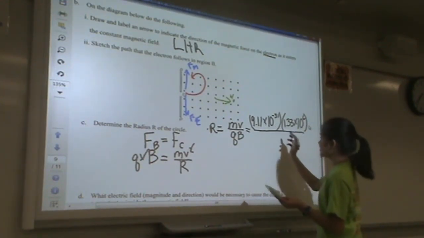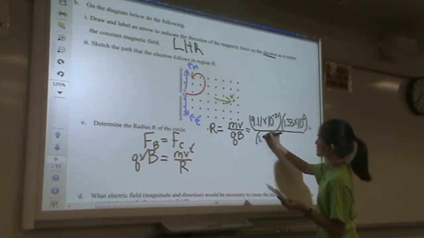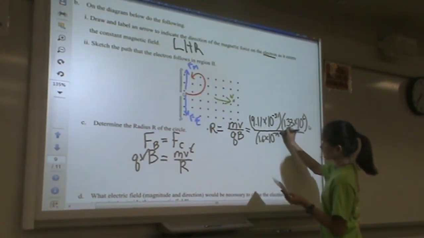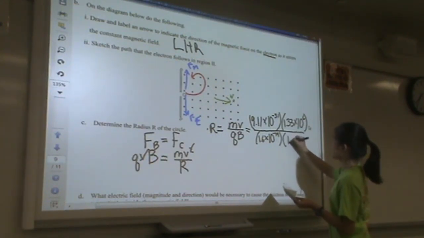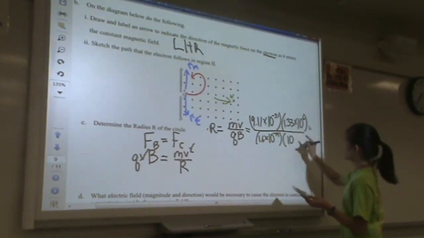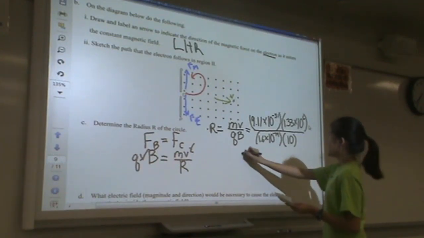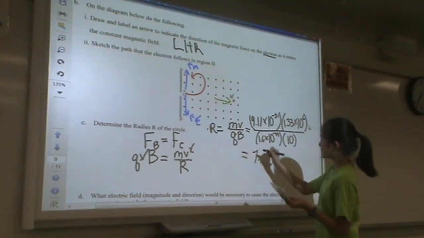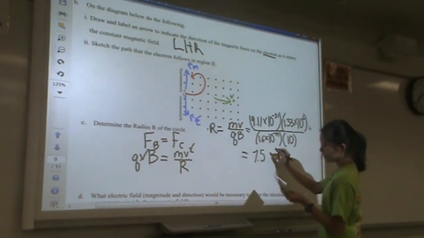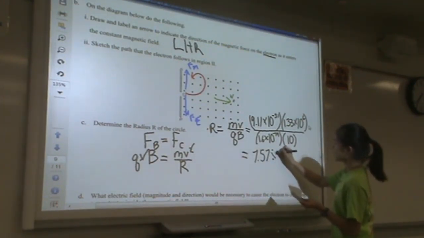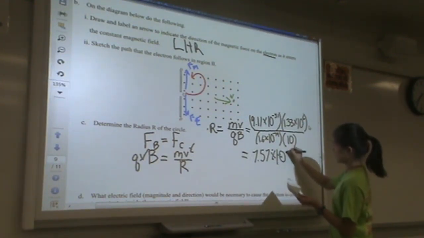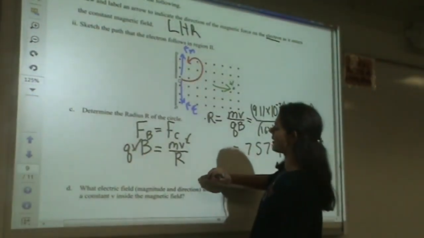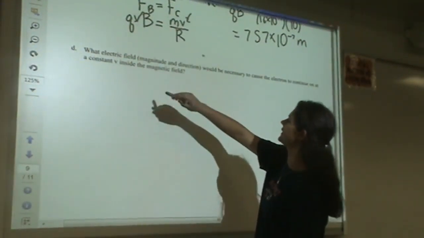And that's over q, the charge, which is 1.6 times 10 to the negative 19, and then times 10, that's our magnetic field in Teslas. Then you plug that all into your calculator, and we get that the radius r of the circle is 7.57 times 10 to the negative 7 meters.